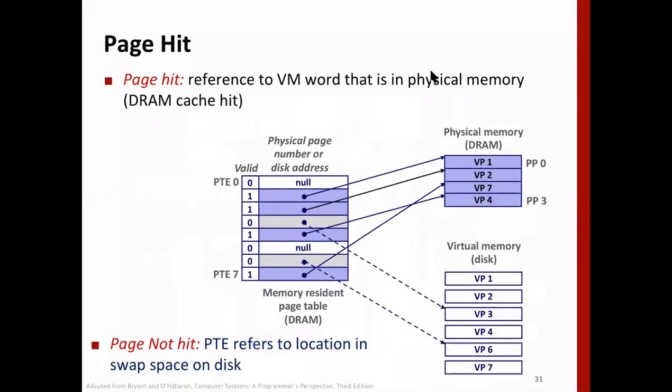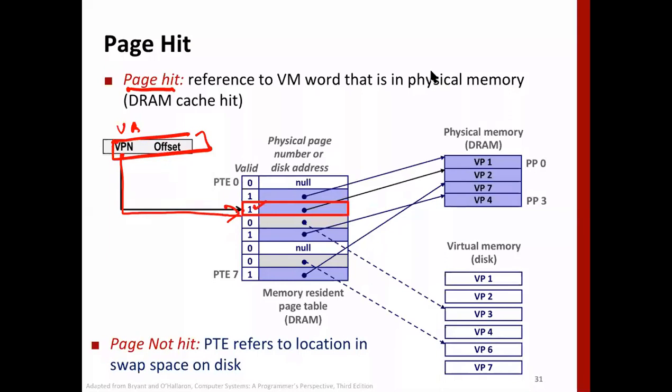So this is the case where there is something called a page hit. It means that there is a virtual address given by the process. Go to the VPN, which gives the index of the page table, and then look at the entry.